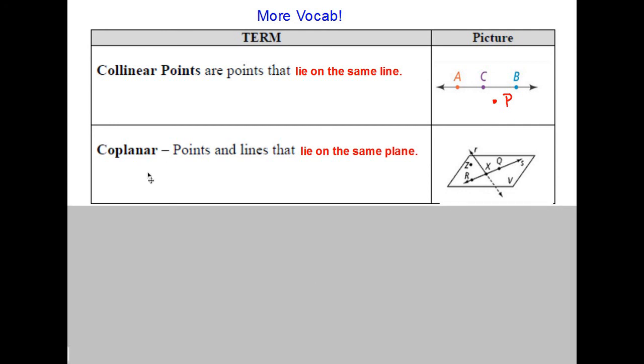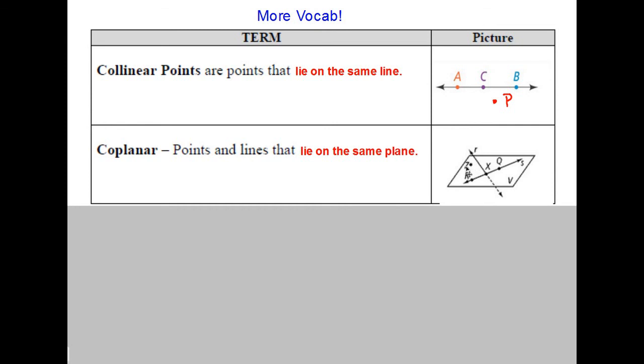We have coplanar. Coplanar means points and lines that lie on the same plane. In this picture, you have this line right here with point R and Q, which is really line S. That line is on the plane, so it is coplanar. Points Q and R are on the line, therefore they are coplanar.